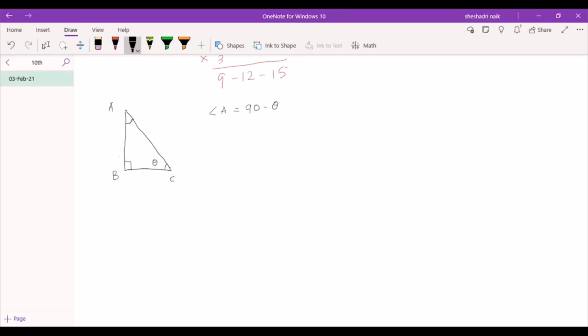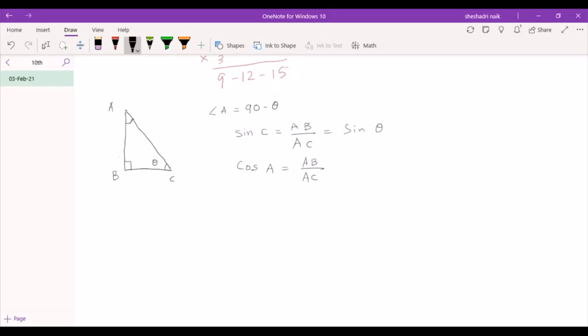So now let's look at what is sin C. Sin C is equal to AB upon AC. And what is cos A? AB upon AC.